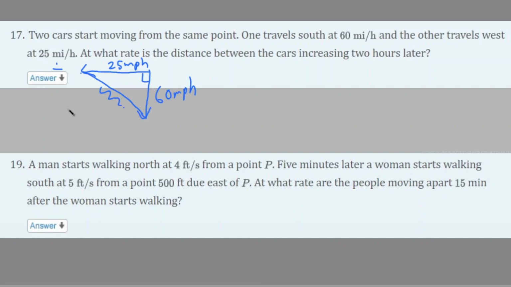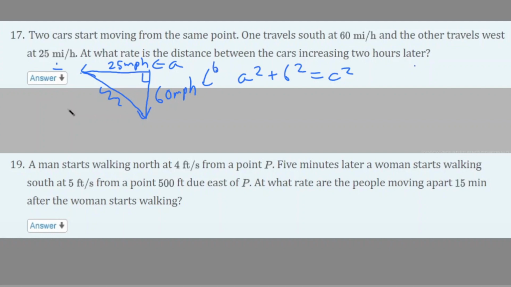Since we're not finding the area, what equation do we actually use? We use the equation for the hypotenuse, which is a squared plus b squared equals c squared. Let's say this is A, the 25 direction, and this is B, the direction south.